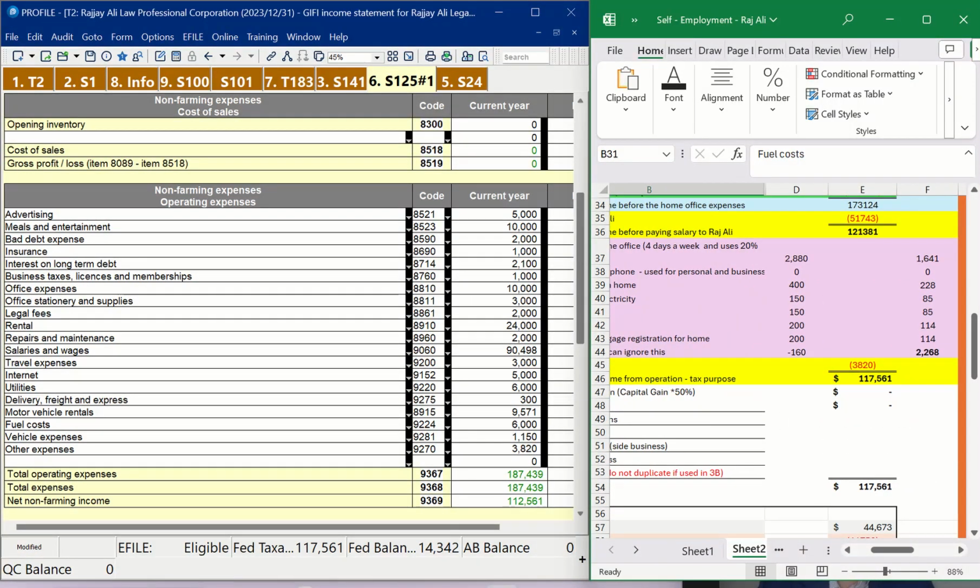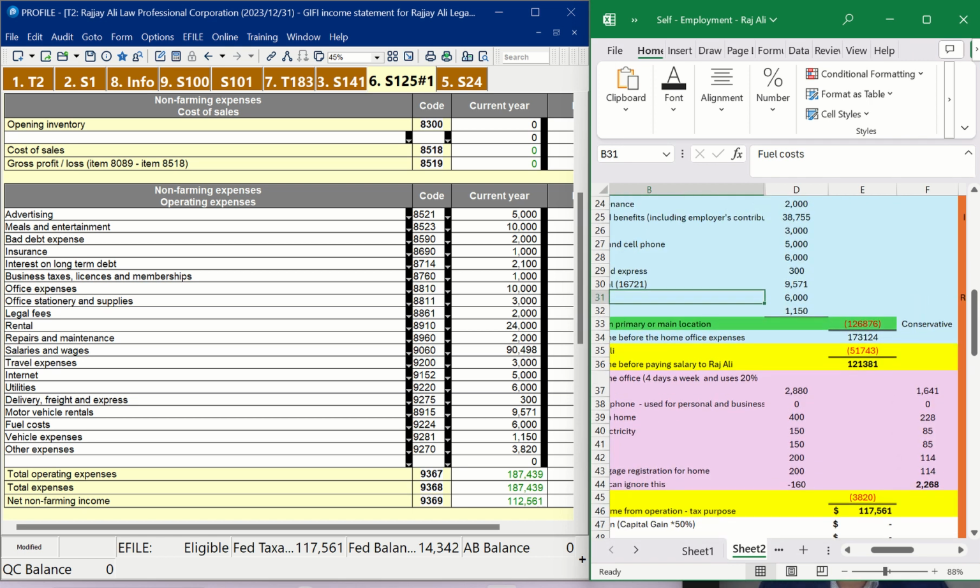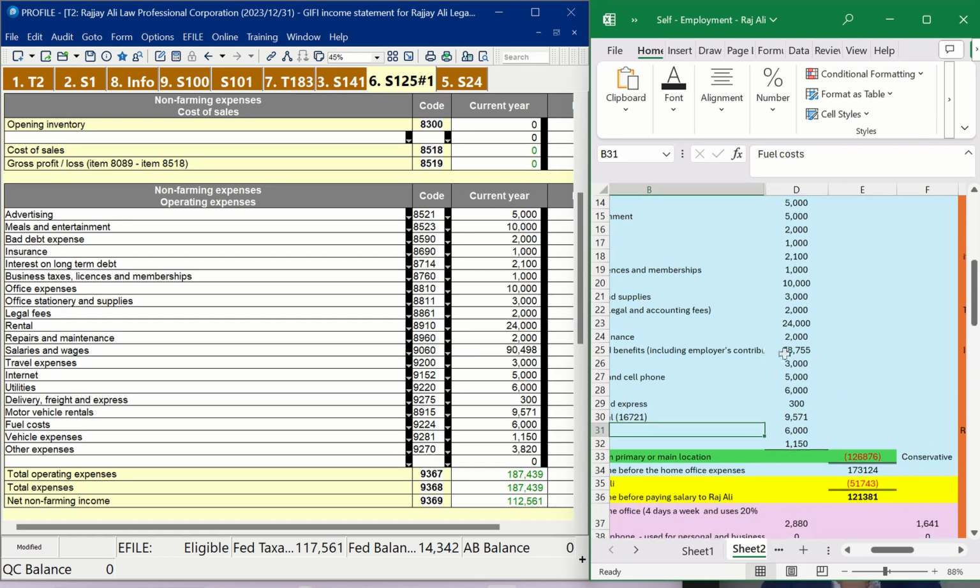One thing that I want to show you is Raj's salary. I'm going to highlight these two cells over here.